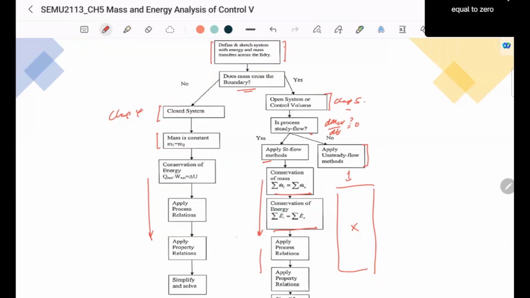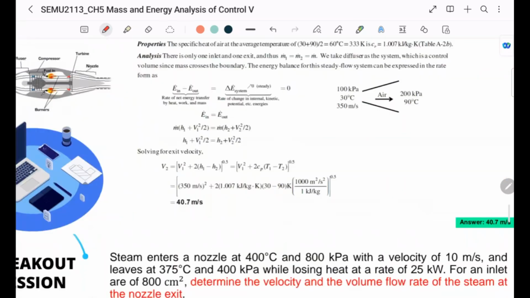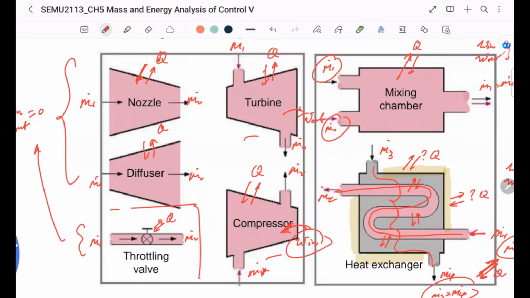There's a question: does that mean turbine is the only one where work is not equal to 0? No, compressor as well. For the compressor, there's a work input. Only turbine and compressor have work that is not zero, because there's a work transfer.